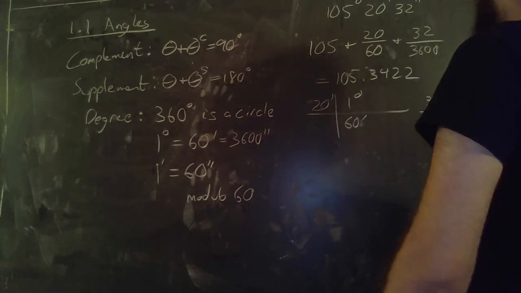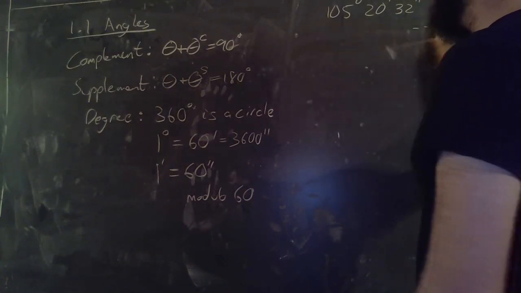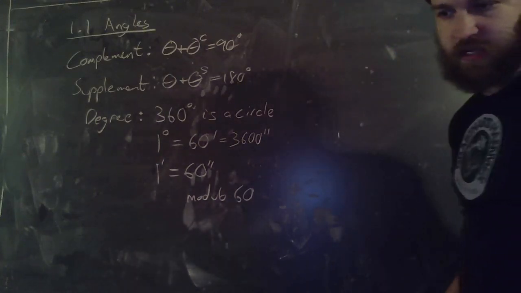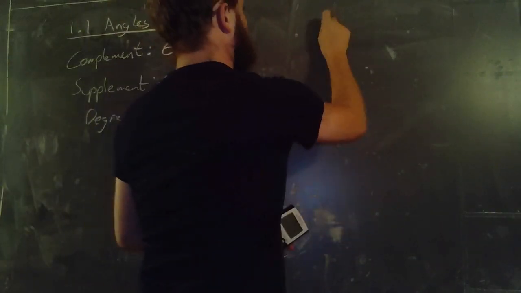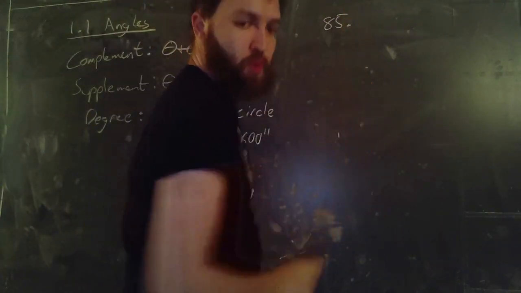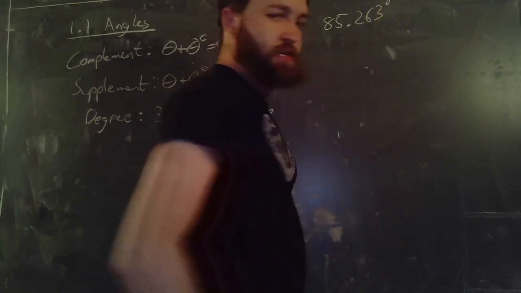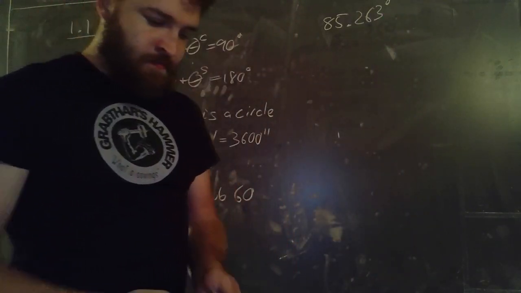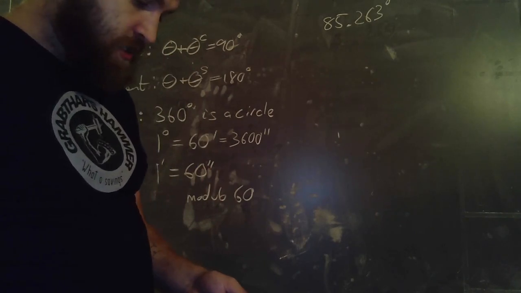If you wanted to go backwards, now there's a very nice feature in the TI calculator that we can use for this that makes going backwards actually kind of trivial. We might want to convert something like 85.263 degrees into degrees, minutes, seconds. Now, if you were on your calculator, you can type in 85.263.